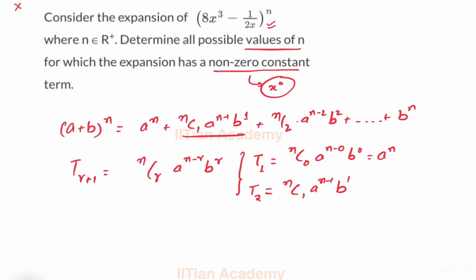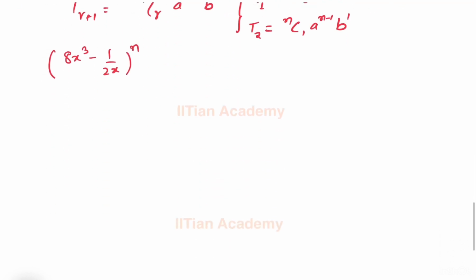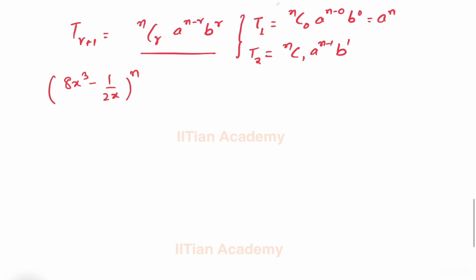So if we have to get different terms, we only need to put different values of r. In our given expression, we have x cubed minus y by 2x raised to the power n. So using this formula, we will write the general term for this expression.